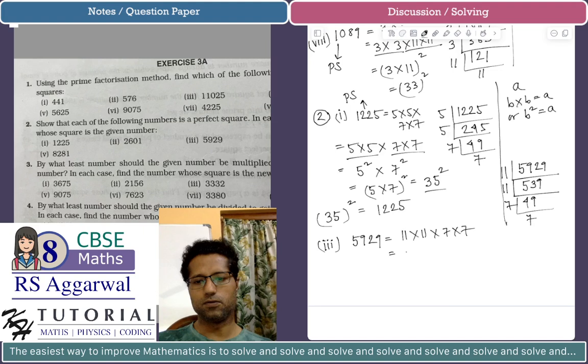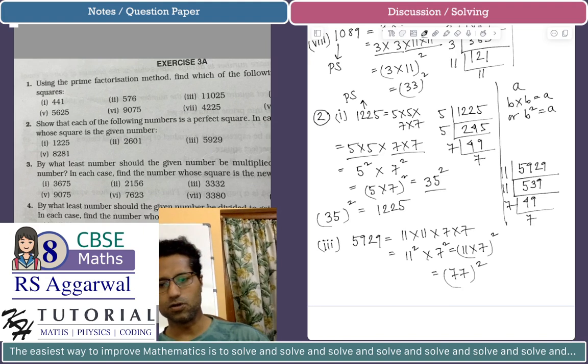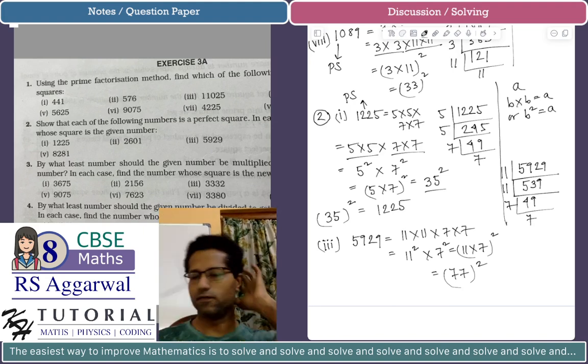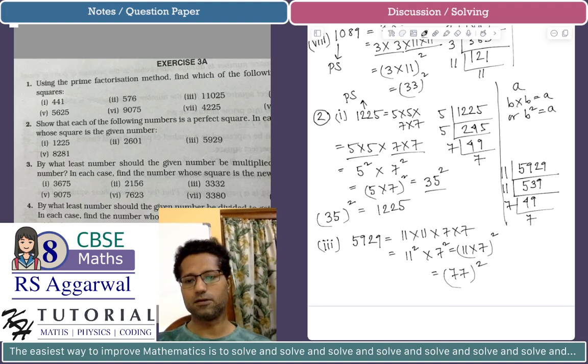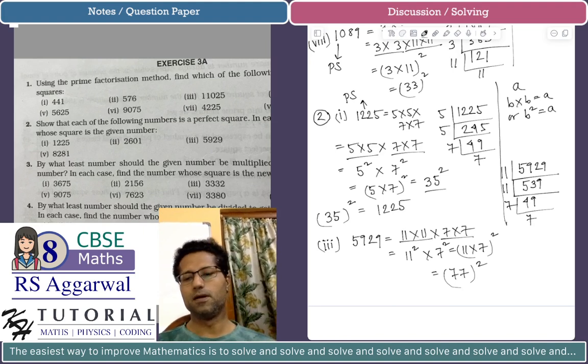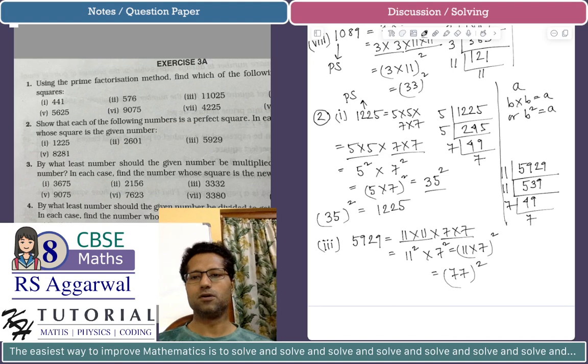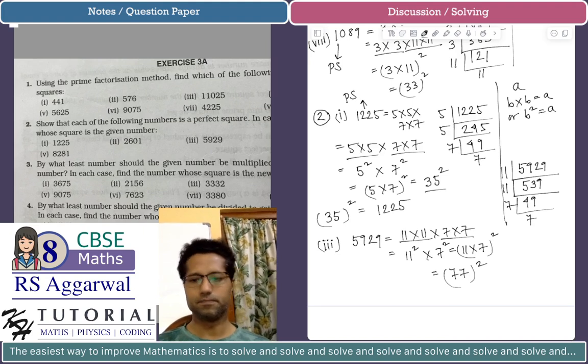So this is equal to 11 square multiplied by 7 square. This is equal to 11 multiplied by 7 whole square, so this is equal to 77 whole square. So we clearly saw that 5929 is definitely a perfect square, because we can see pairs of equal factors. This is one pair and this is one pair, and 5929 is the whole square of 77.